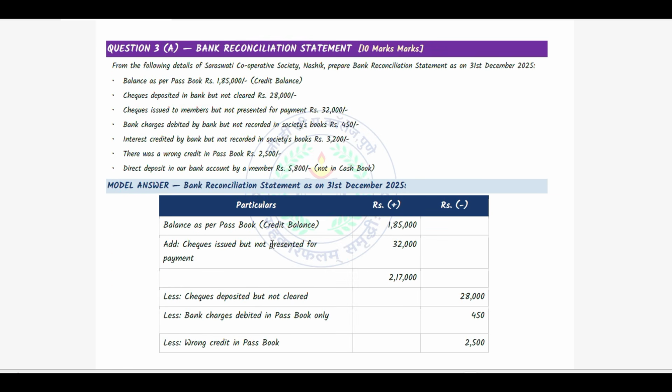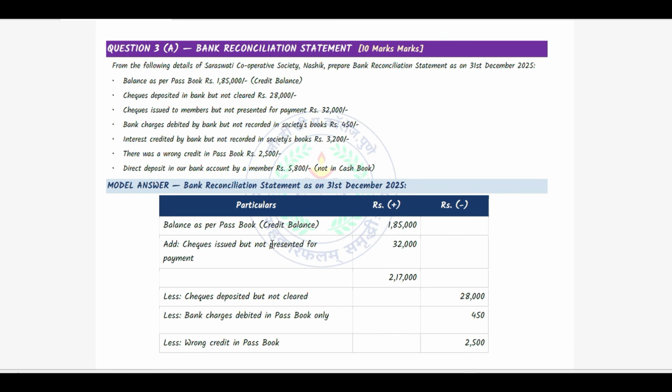Next, bank reconciliation statements. This question will be in the May 2026 examination. They might give you some details, and from that we have to make a bank reconciliation statement.